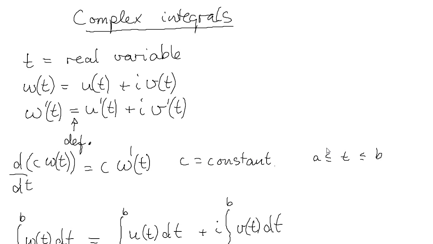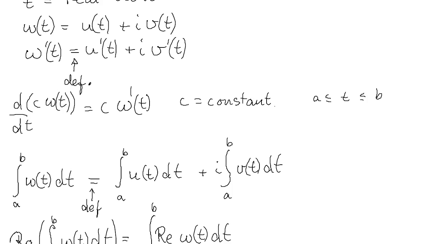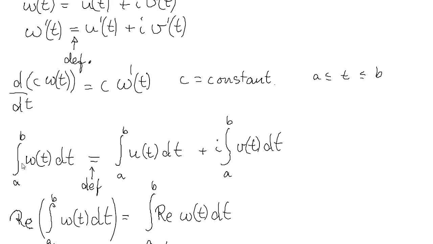If we say that t is bounded between some constants a and b, that we have some interval a and b, and that we want to consider the function w of t in this region, we can find the integral of the function w of t.